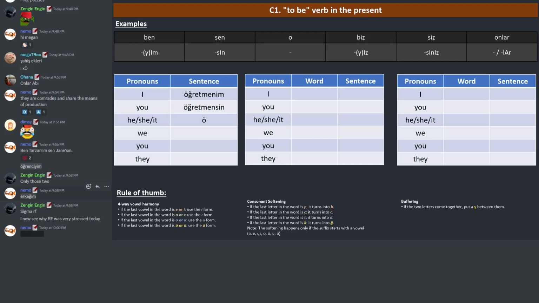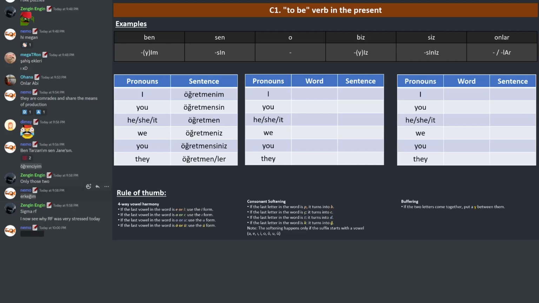And for "o," "öğretmen." For "biz," checking my endings, it's "iz." I still don't need the y because "öğretmen" always ends with an n. So after e, there's always e. "Öğretmeniz." We are teachers, and you are "öğretmensiniz." They are "öğretmenler."